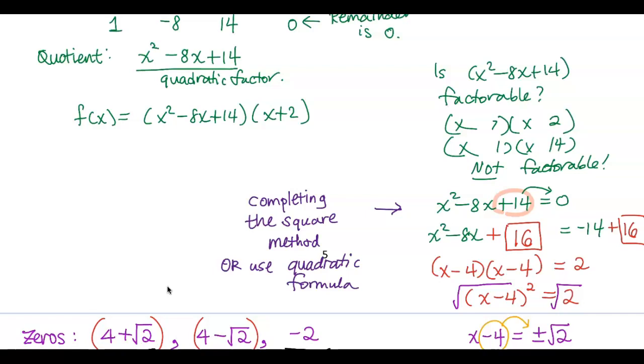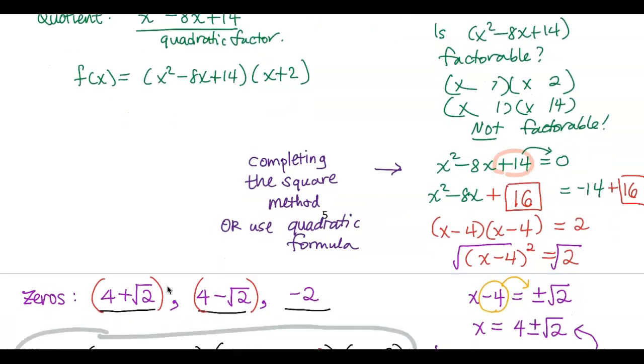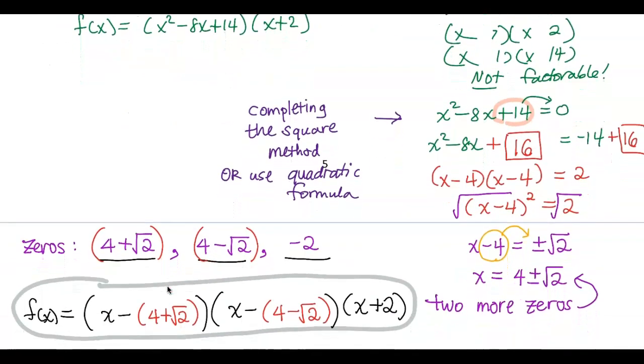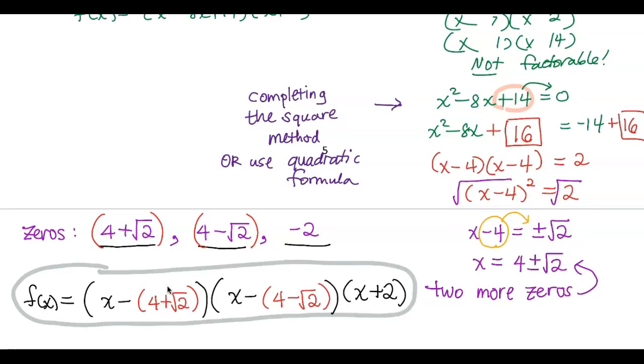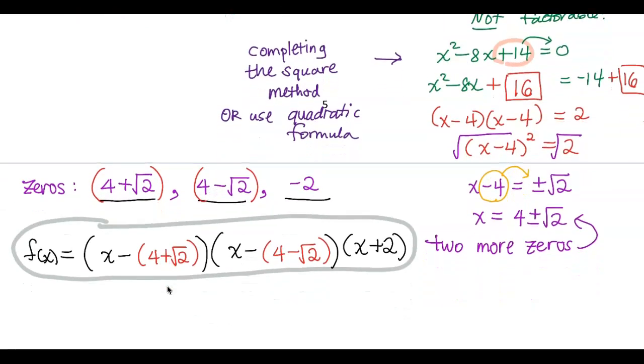There are a couple of them, and factoring is the easiest way, but if it doesn't work, we have to go use a different method. That's why it was a little more confusing. It was a little more than just factoring and finding out the zeros. I had to find the zeros first, and then using those zeros, write it in a factored form.